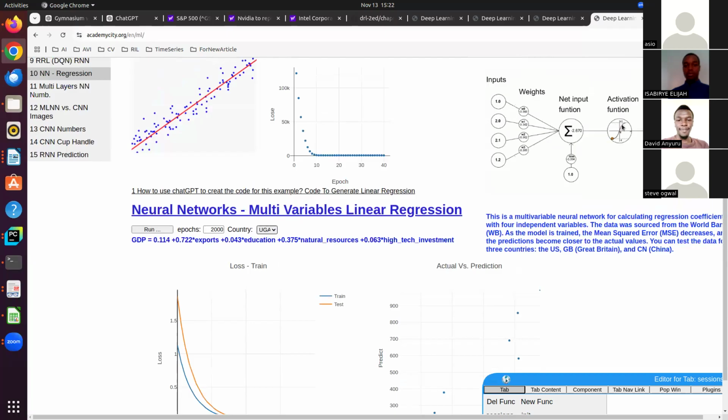I skipped the activation function. We're going to talk about it now. We'll get to that today and next time. The only thing we did here is, after we multiply the coefficients by the variables, we added them up. We added the intercept, which is really the 0.114 in this example. We add them all up. We try to explain the GDP. Very simple. Regression, which you studied, in a network, okay?